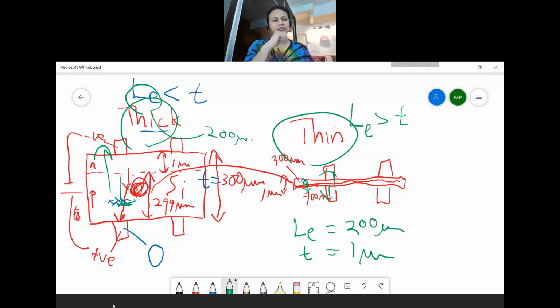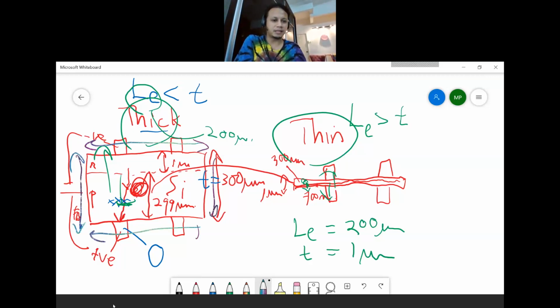Okay, why do you say thick? If you do a mathematical calculation, if you calculate the surface area of this thick diode, calculate this plus this plus this plus this, that gives the total area, and then you take this one plus this one over the total area.